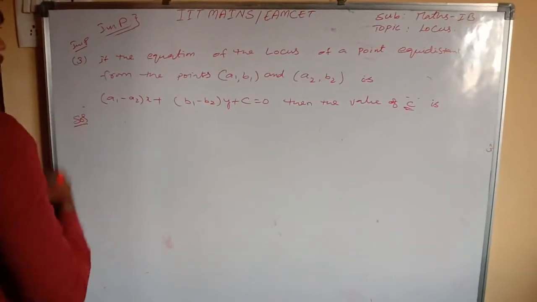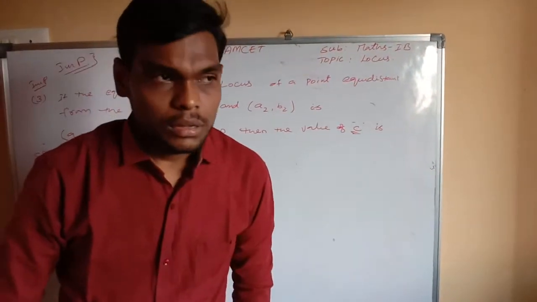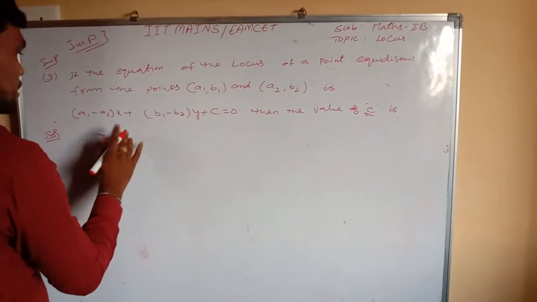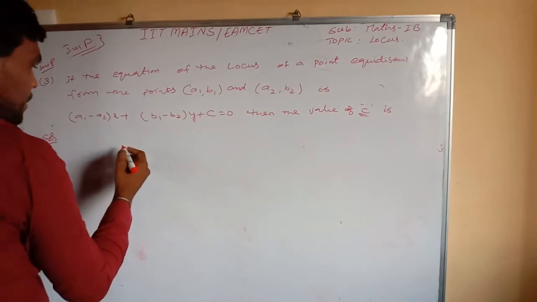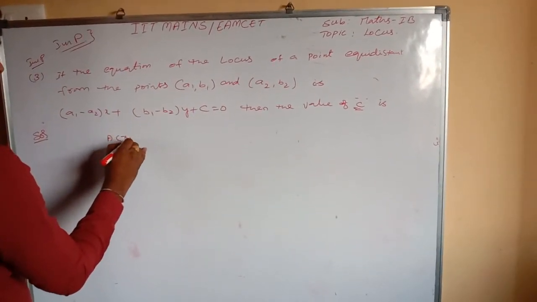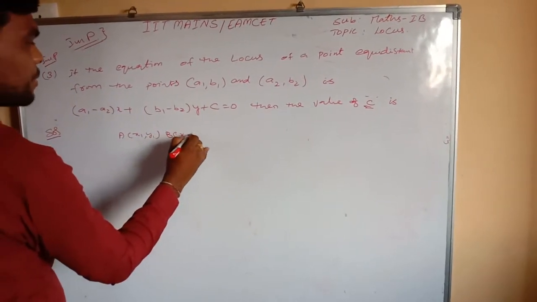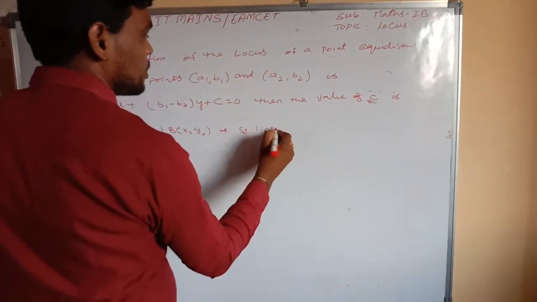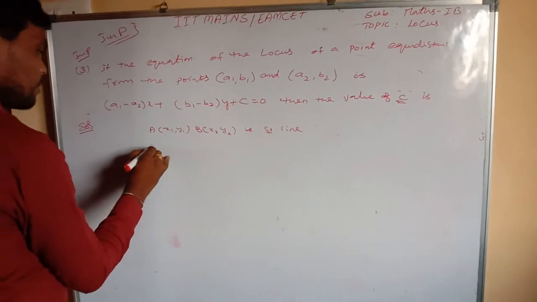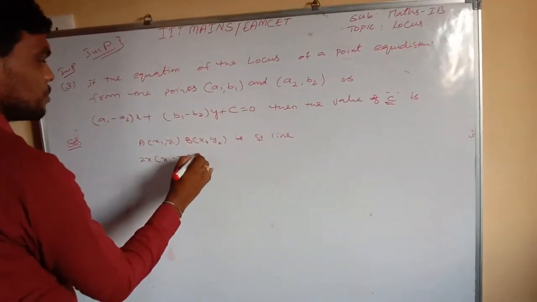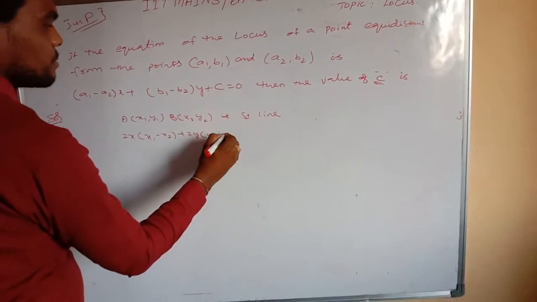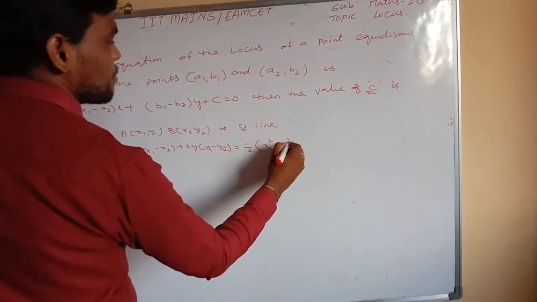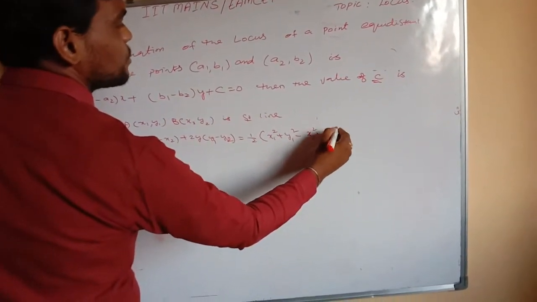I already told you the first property: the locus of a point P which is equidistant from the fixed points A(x1, y1) and B(x2, y2) is a straight line, and whose equation is 2x(x1 minus x2) plus 2y(y1 minus y2) is equal to half into (x1 square plus y1 square minus x2 square minus y2 square).